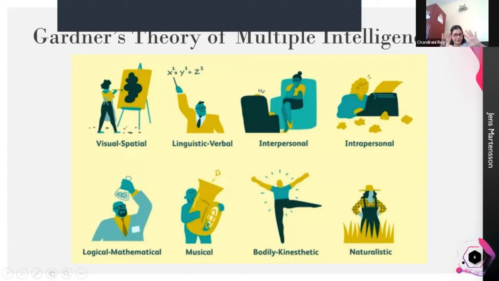So there are various groups of people who have different kinds of intelligence. In fact, society becomes richer because of the various kinds of intelligence that different individuals have. And even in our classroom, we find students with different kinds of intelligence.